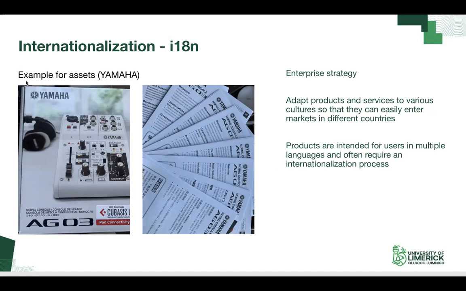Here is an example for us. This is a mixing console, a gift I bought for my friend. It's from Yamaha, and when I got this box, we can see this mixing console has many different languages on it. That is internationalization.